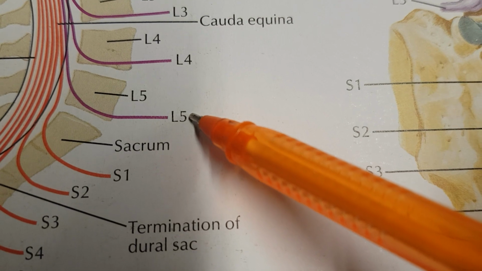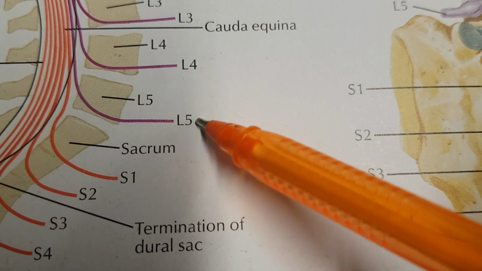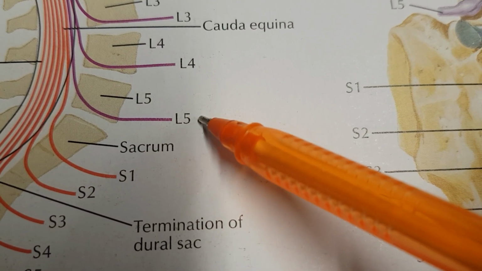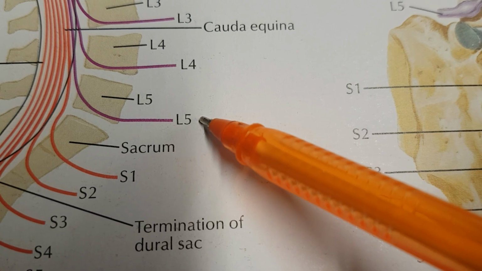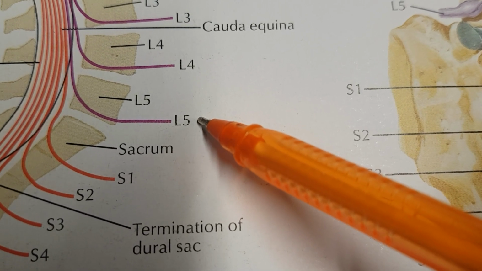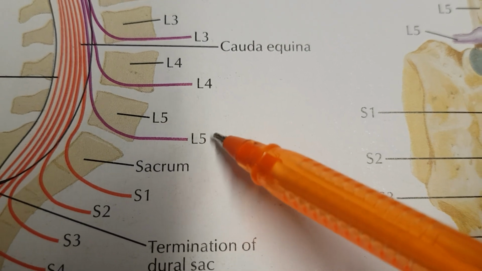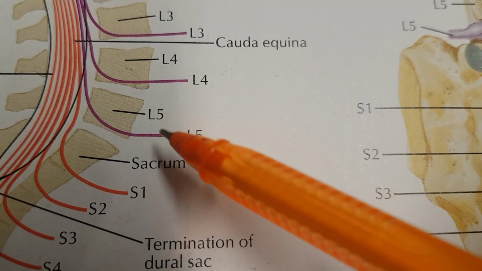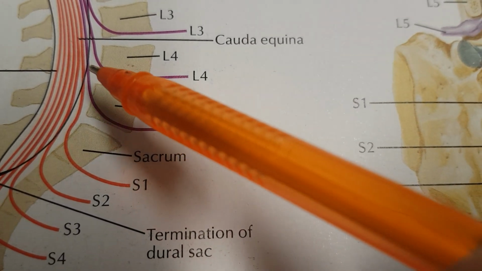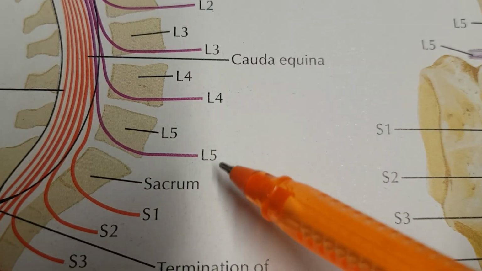That is, you test the extensor hallucis longus muscle. If there is weakness there, and then also there is a problem with dermatomes, then you can query the integrity of the nerve root of L5.